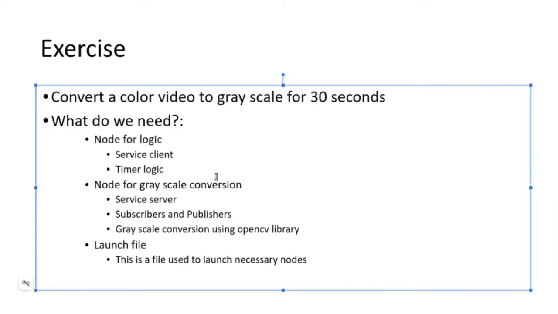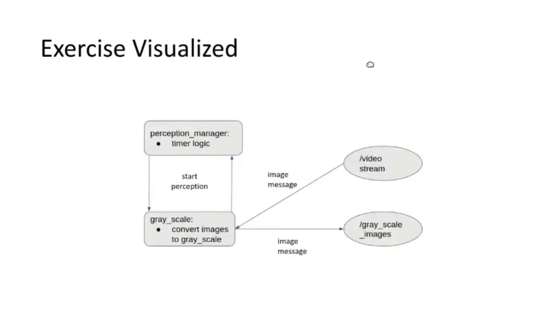And we kind of have it in text here, and this slide shows how it looks visualized. So we have the first node here, which is the logic node that takes care of the timer logic. We have the second node here that takes care of converting the images to grayscale from the video and publishing back out to another topic.